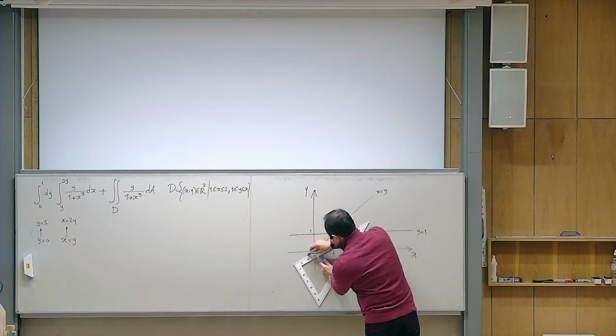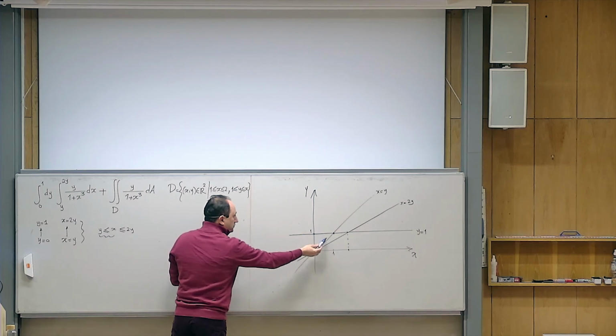I want to know the inequalities, so I need to check a point. Okay, for example, I want to know which side of this line is representing this inequality. I am certain about the position of my point here with respect to this line.